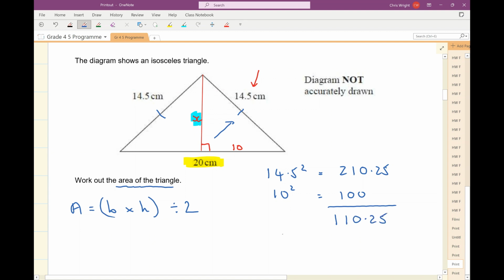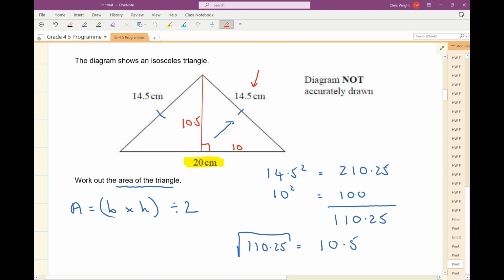So I'm going to square root 110.25. Now that gives me 10.5. Okay, so this height, which I've labelled x, is 10.5. Now, is that the question done? Let's have a look.